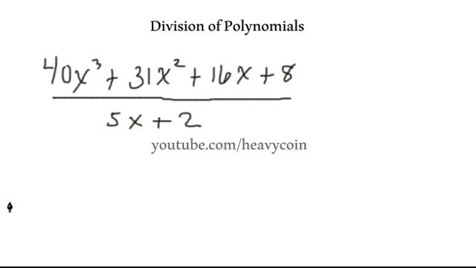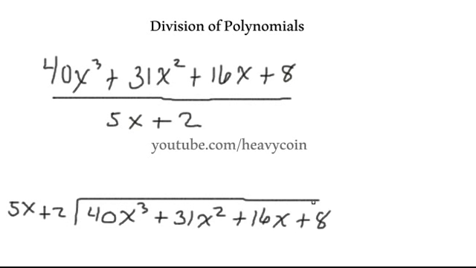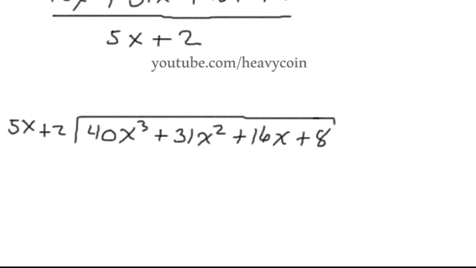So we set this up as 5x plus 2. I think I'm getting better at doing straight lines. 40x cubed plus 31x squared plus 16x plus 8. Man, that thing just went on forever, it seemed like.